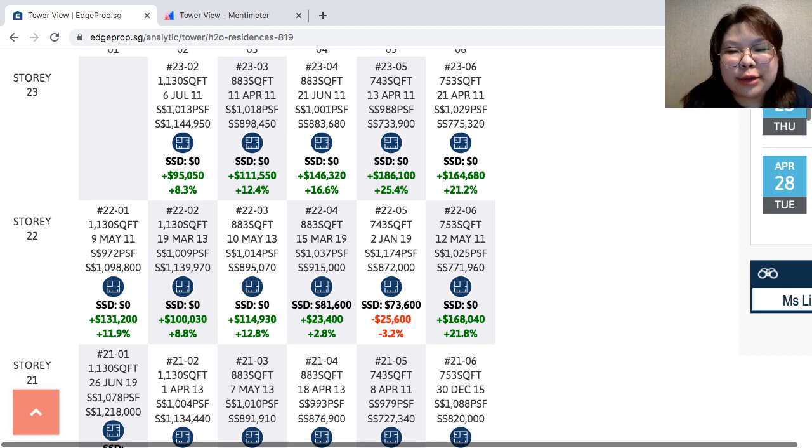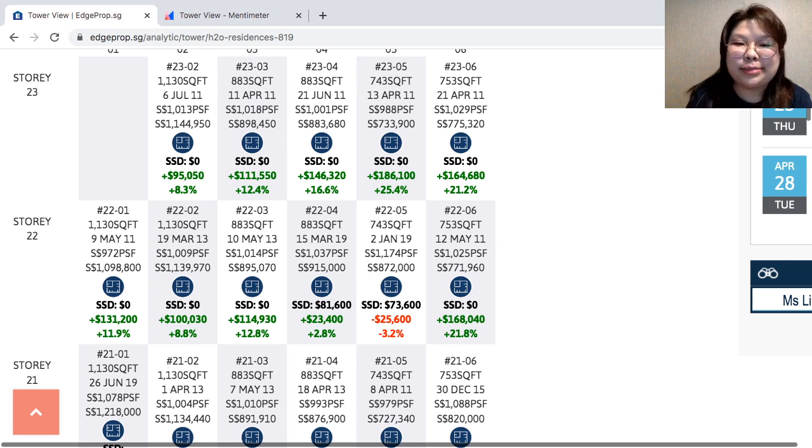So how do we work out the percentage? How do we work out the seller's stamp duty? In addition to the percentage that they need to pay, we also base it on the valuation of the edge fair value. Because seller's stamp duty, in actual fact, you should be basing it on the selling price or the actual valuation, whichever is higher.